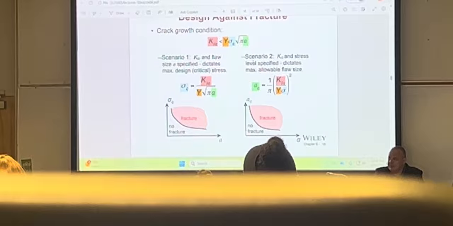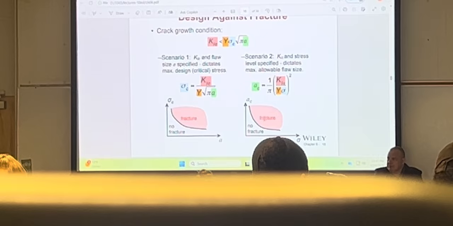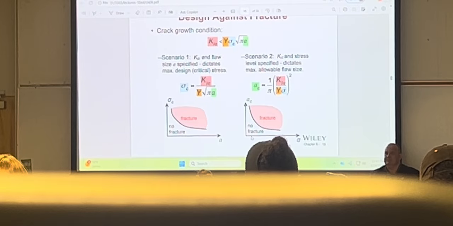So you can take this equation and solve it for either A or for sigma, either for stress or for the crack length. So we can plot the crack length versus stress, and then this is a condition for fracture, and here we have no fracture. And then there's Weibull statistics that's applied.